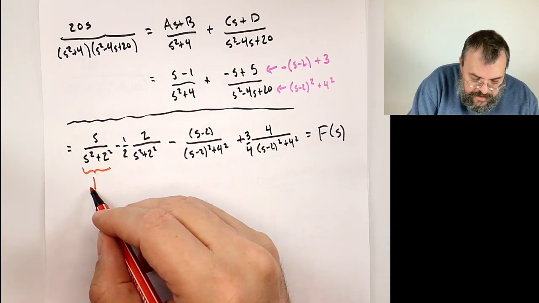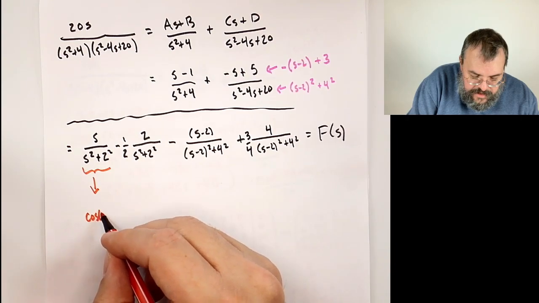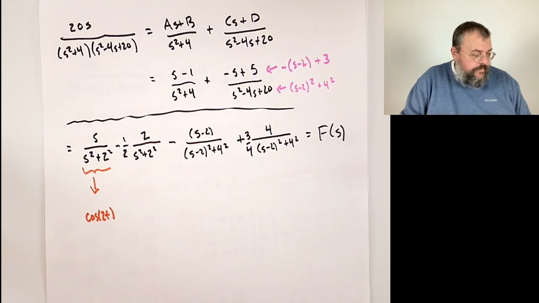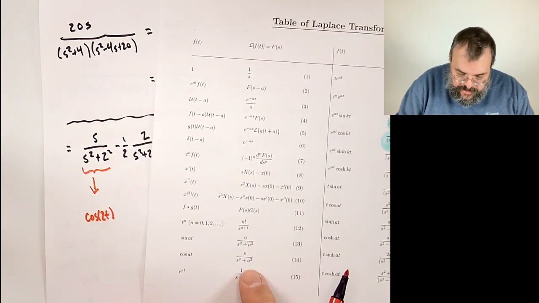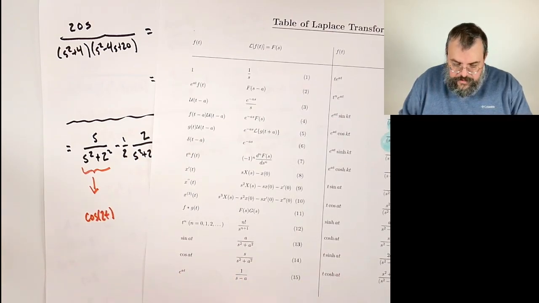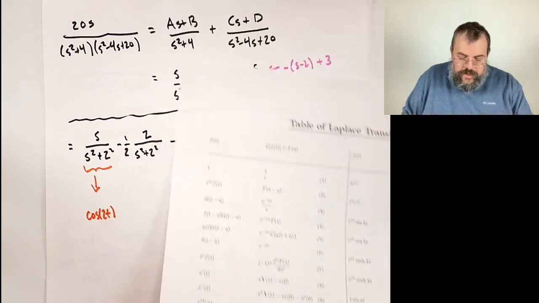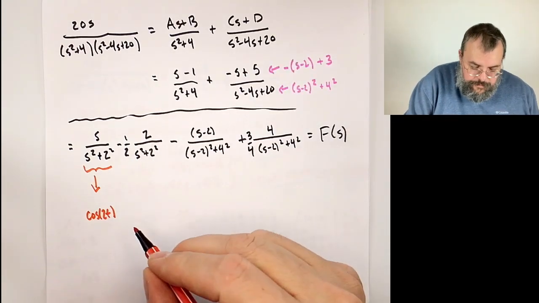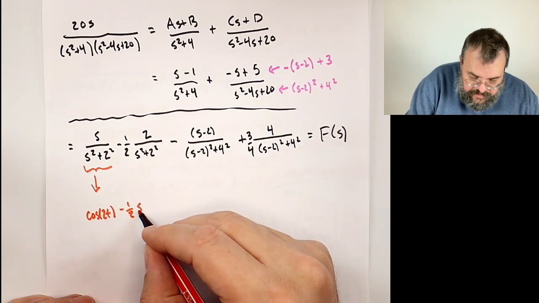This part will go to cosine of 2t. I'm not going to pull up the table for every term, but that's cosine 2t, a equals 2. Then the next part will be the sine of 2t, and don't forget the minus a half. So minus 1/2 the sine of 2t.